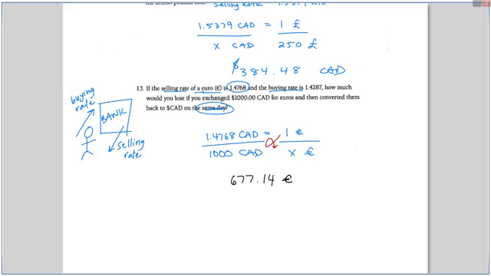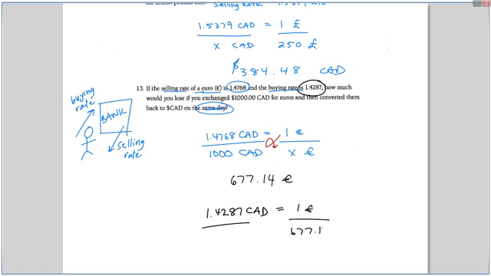Okay, and now the bank's going to buy them back from you at that different rate. So now you're doing the buying rates. It says the buying rate is 1.4287. So they would spend $1.42 Canadian to get 1 euro off of you.